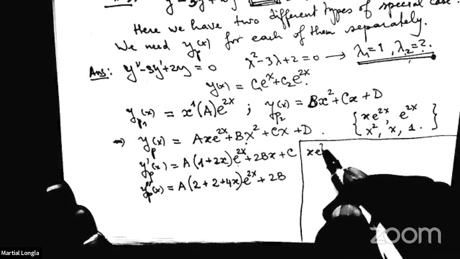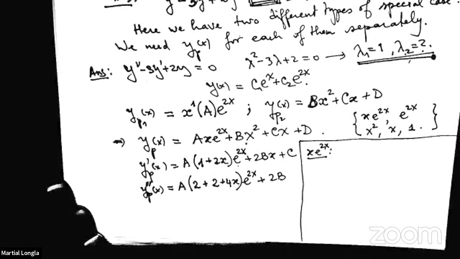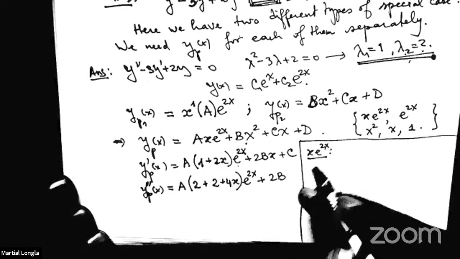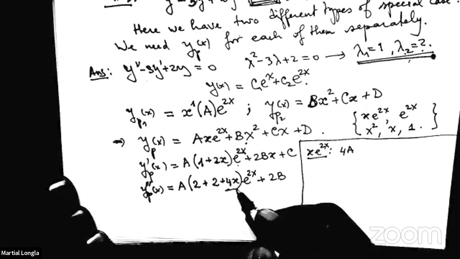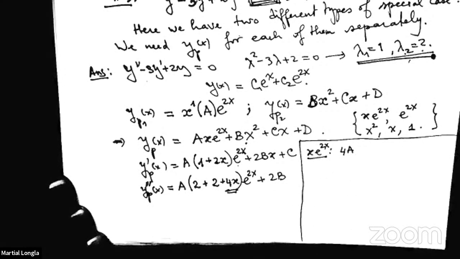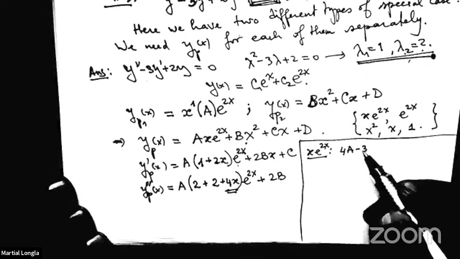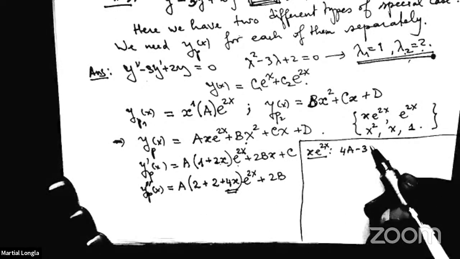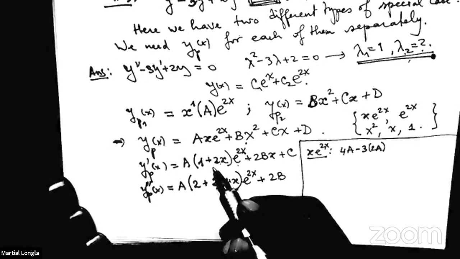Track x e to the 2x. The second derivative gives x e to the 2x, that's 4a, and we can cancel it. Minus 3. You go to the derivative, you got 2a, and we can cancel it.